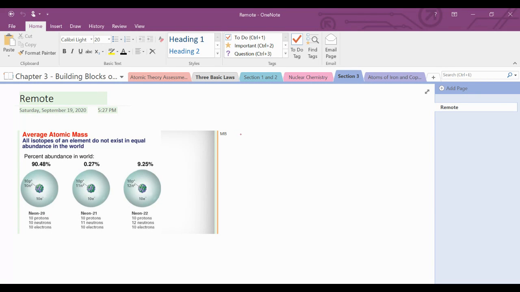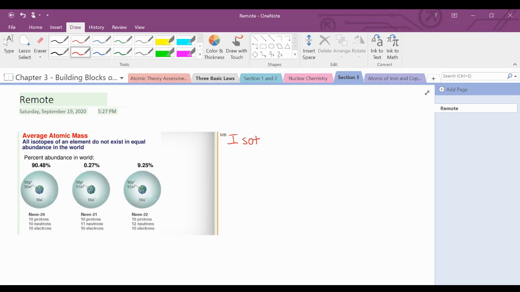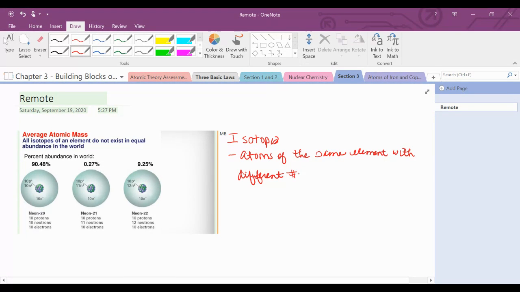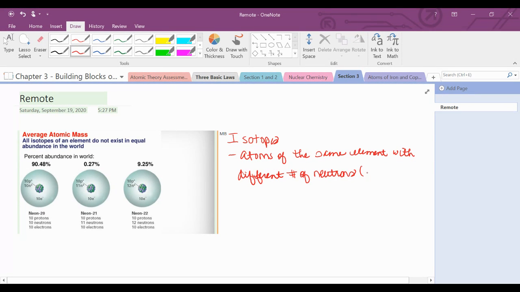The term isotope means that we have atoms of the same element, but they have a different number of neutrons, which is going to give them a different mass. And isotopes of an element are naturally occurring.